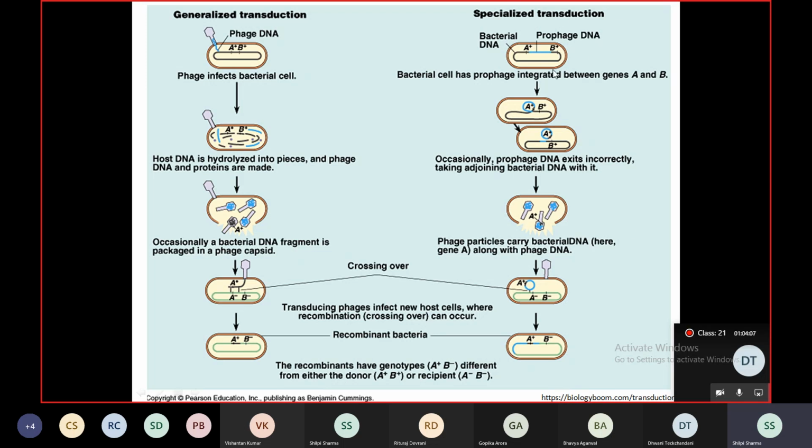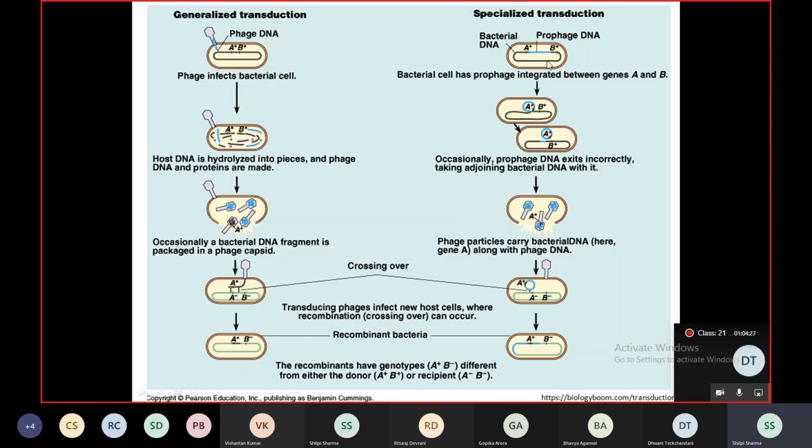So when this cell is activated such that the prophage DNA is excised, it could happen that the prophage DNA is excised incorrectly. And when I say incorrectly, I mean that it could take up adjoining bacterial DNA.